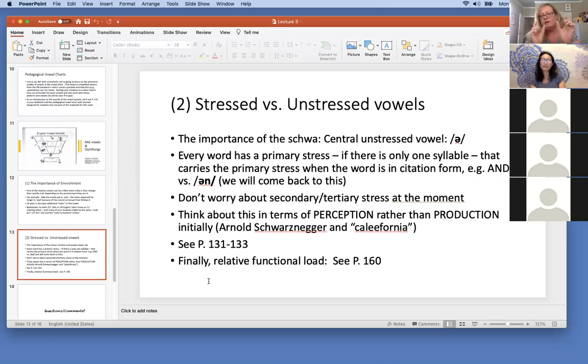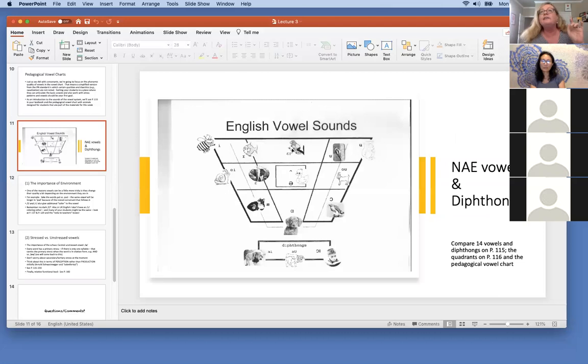Mother, father. That vowel at the end is basically a schwa with an r on it.